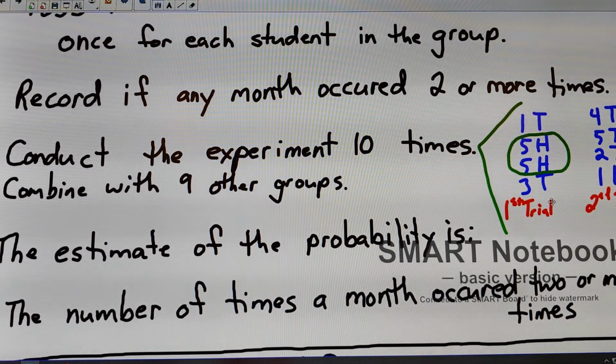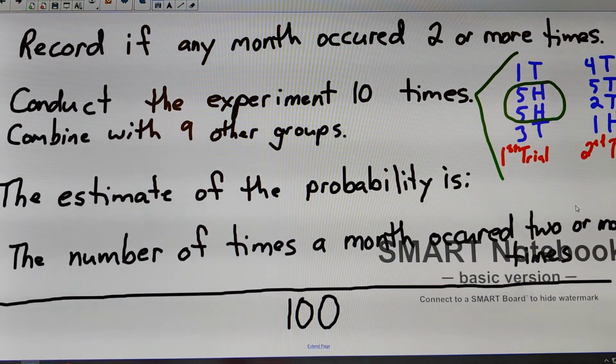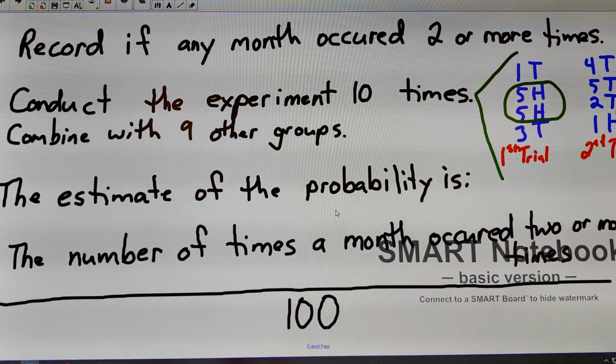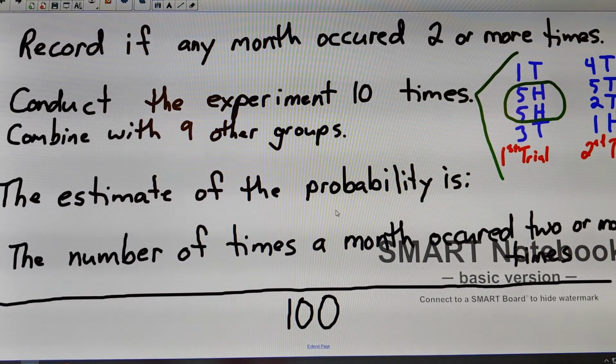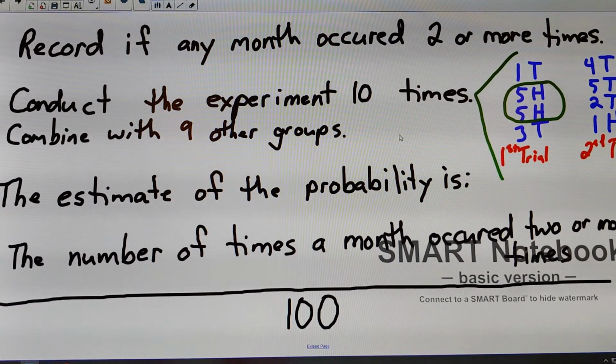And then it says if you got any result occurring 2 or more times, so that would be a success. And then the estimate of the probability is the number of times that a month occurred 2 or more times divided by the 100 trials. So you'd have to do 100 of those, or do 10 of them, and then combine it with 9 other people.